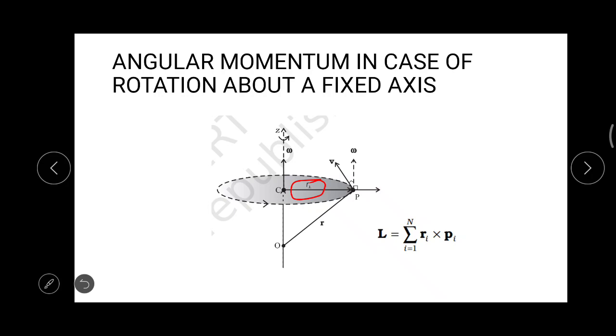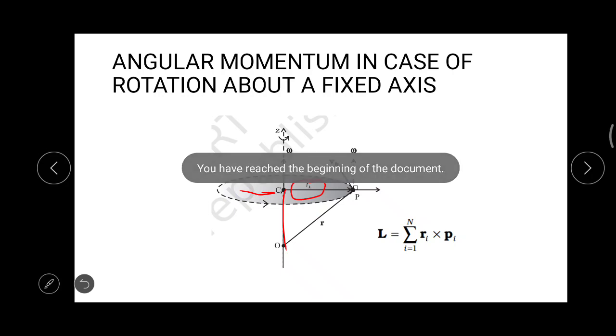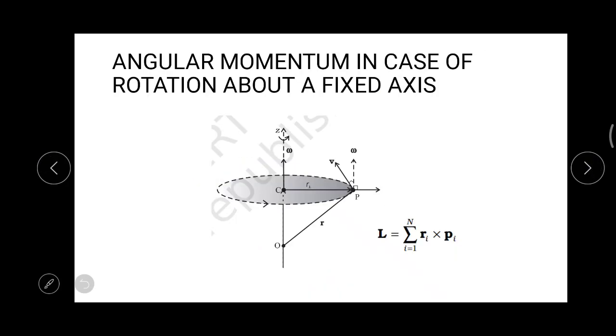But OC is perpendicular to the plane. So as you have to consider the r value, two components, r perpendicular and OC, are there. Considering them, you can find out the angular momentum at this point in such a way.